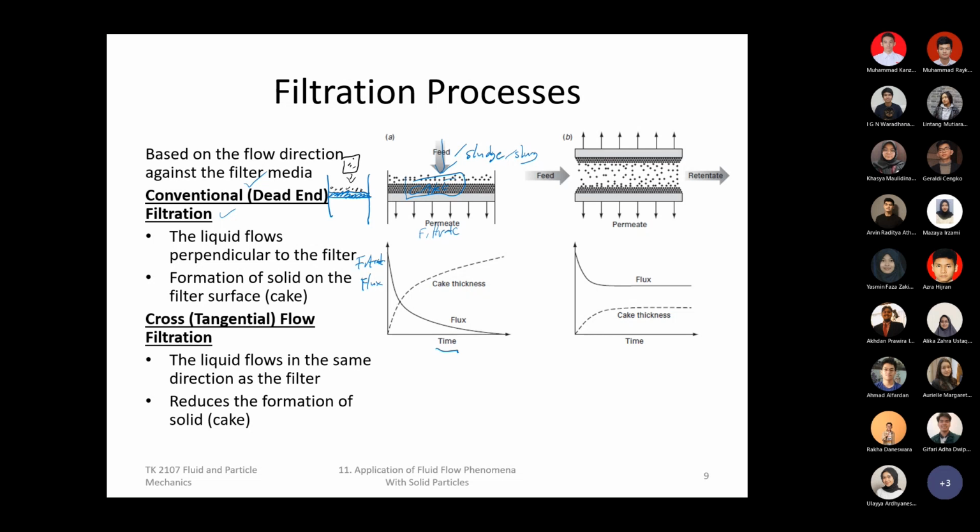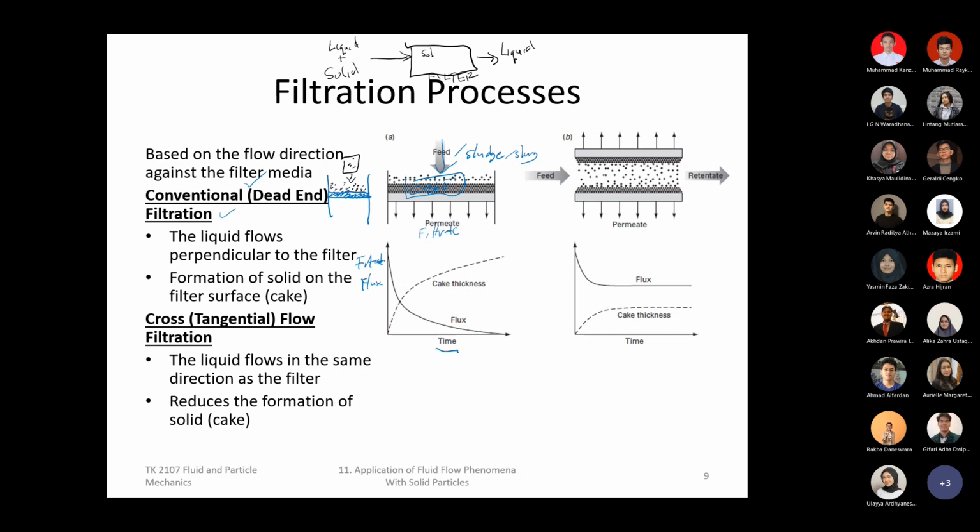Remember the mass balance, or imagine the mass balance of this system. You have water, liquid plus solid, going into the filter. What you have as an outlet is only the liquid. So now the question is, where is the solid?